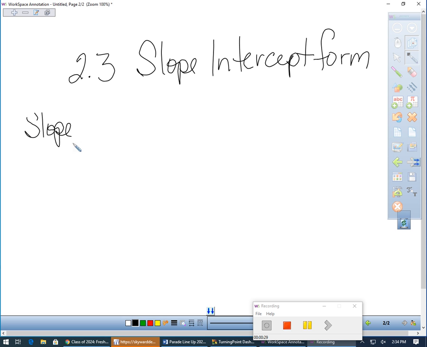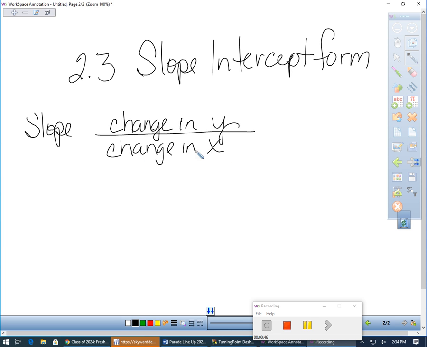Slope has lots of different names. First of all, we sometimes say that slope is the change in y divided by the change in x. Sometimes we also say for slope, it is rise over run.